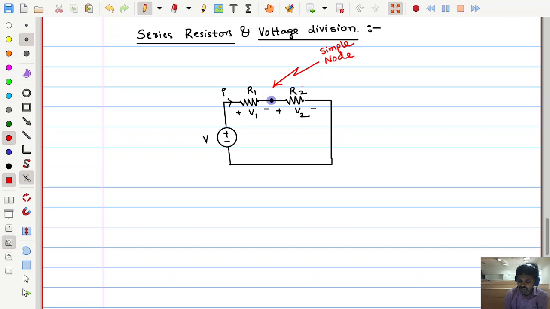The node which joins only two elements we can call a simple node. As this node is joining the two elements R1 and R2, we can say R1 and R2 are connected in series. So we see the series connection definition this way: if there exists any simple node between two elements, those two elements are said to be connected in series.